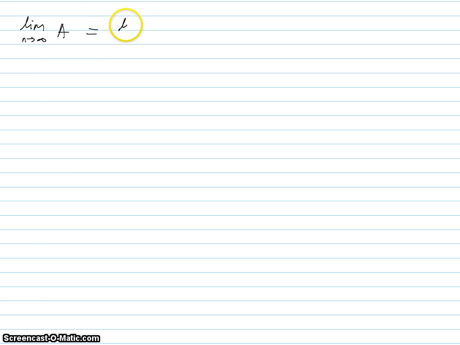We know the same thing is true for the limit as n tends to infinity of B, and that both are going to be the area under the curve between 0 and 1 of x squared. So I can just integrate this. This is going to be a third x cubed between 0 and 1. So my final answer is a third. And I am done.